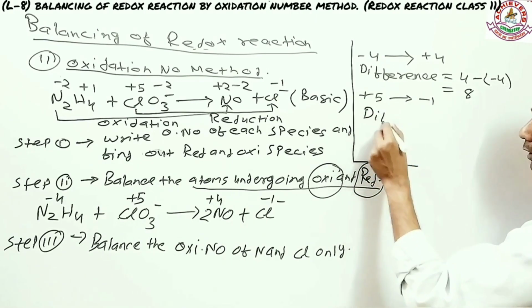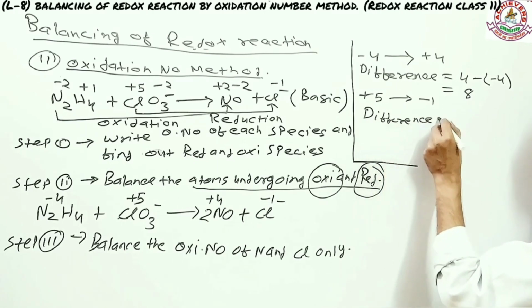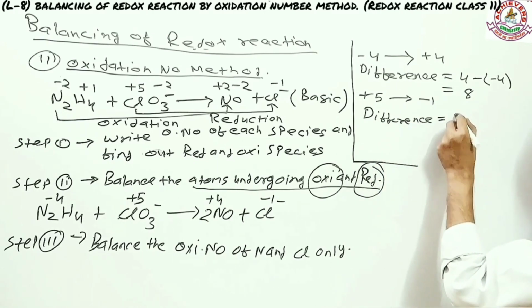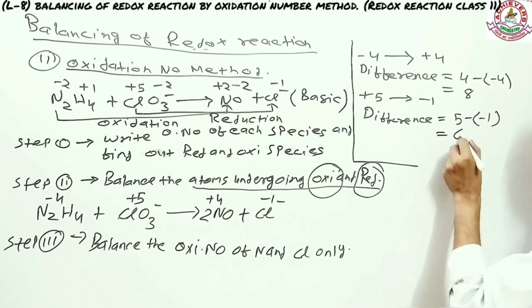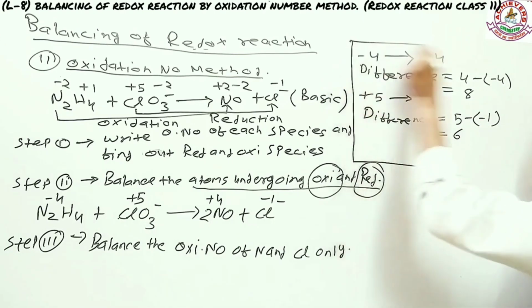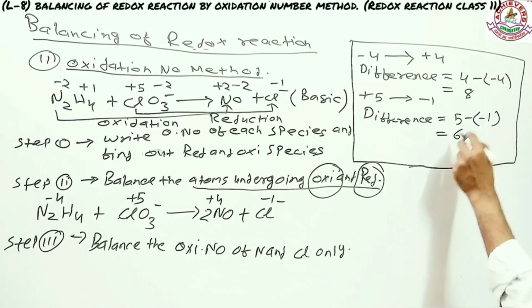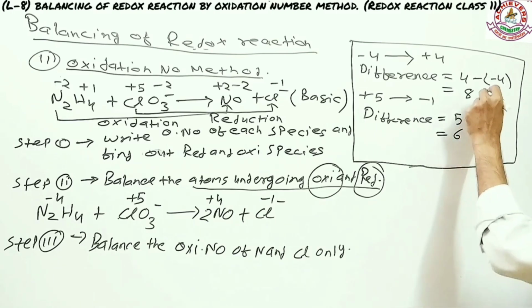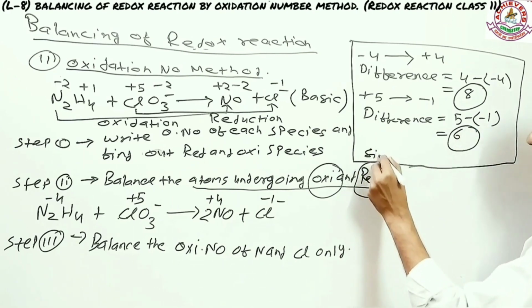Again, the difference has to be calculated. Difference equals 5 minus -1, so this comes out to be 6. This is very, very important. You need to concentrate. So what I will do, I will find out the simplest ratio of 8 and 6.